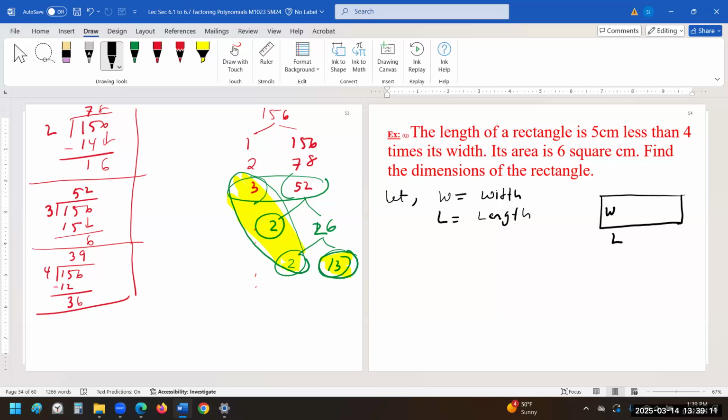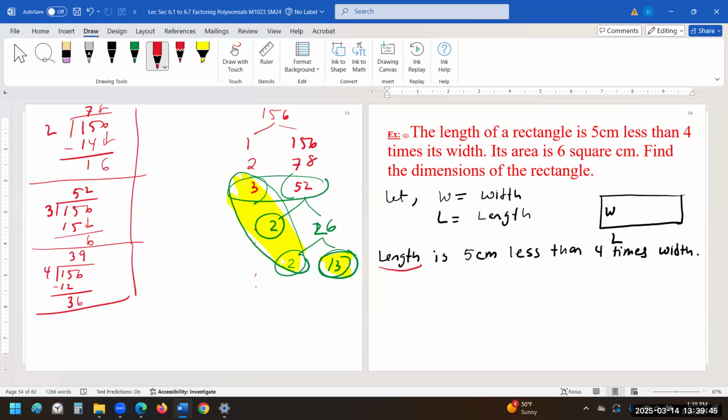They are saying the length is 5 centimeter less than 4 times the width. So we are going to assign mathematical notation on every word we see in this sentence.